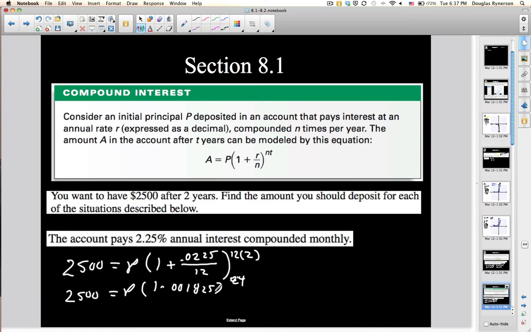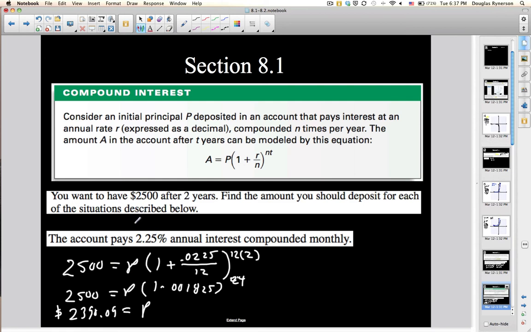When I take this to the 24th power and then divide 2,500 by it, I'll get P is equal to 2390.09. Now it's money, so I'm rounding to the nearest penny. So this is the amount I would have to deposit at 2.25% interest to finish with $2,500 after 2 years. You notice over 2 years, with this very low interest rate, you earn very little money.